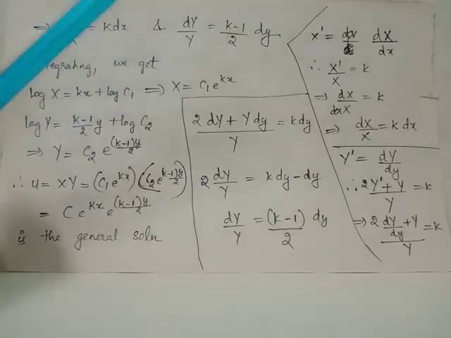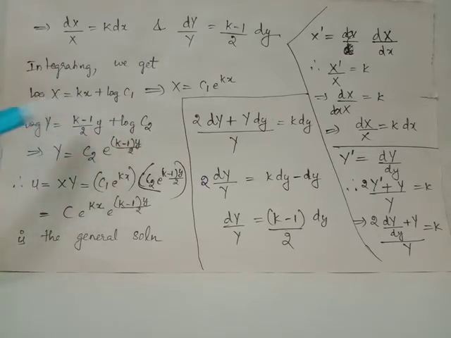Now integrating the second equation, we have log Y = ((k − 1)/2) y + log c2. Log c2 is brought to the LHS and we have log(Y/c2). When you raise both sides as powers of the exponential function, you get e^(log(Y/c2)) = e^((k−1)y/2).